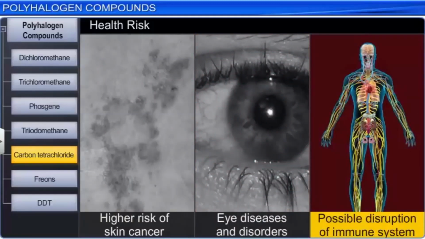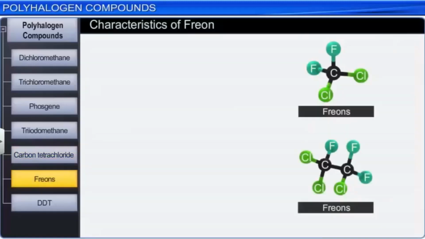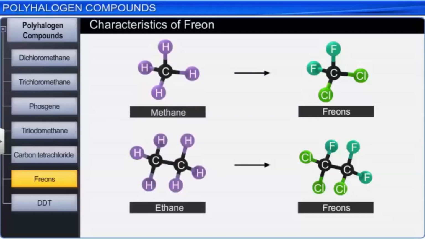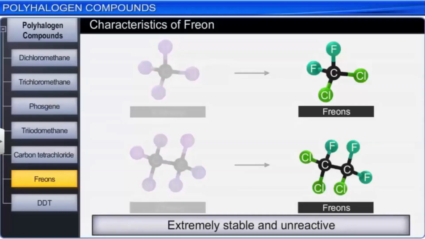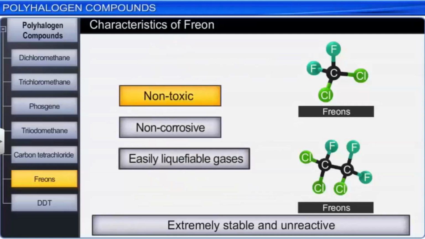Freon is the name given to a class of compounds that are chlorofluorocarbon derivatives of methane and ethane. These compounds are extremely stable and unreactive. They are non-toxic, non-corrosive, and easily liquefiable gases.